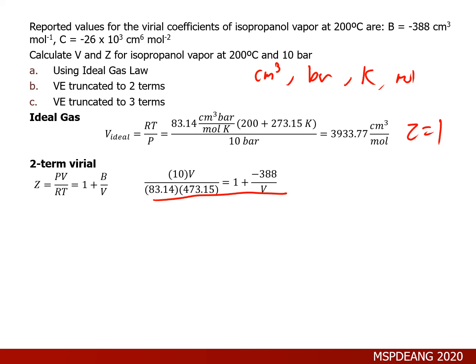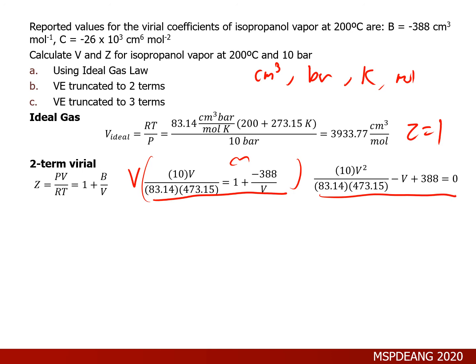Then what we can do now is multiply both sides by V to rearrange this. You have this expression, then move everything to one side, and you now have a quadratic equation. You will obtain two roots, and of course you take the positive root.